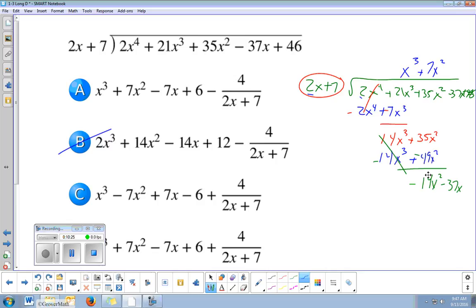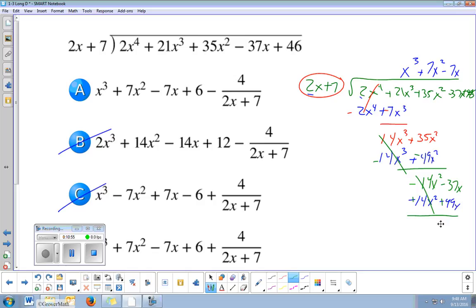Another division, negative 14x squared divided by 2x is negative 7x. So that rules this one out. So distribute the negative 7 to negative 14x squared minus 49x. And then when I change signs and combine like terms here, that cancels out there, negative 37, positive 49.